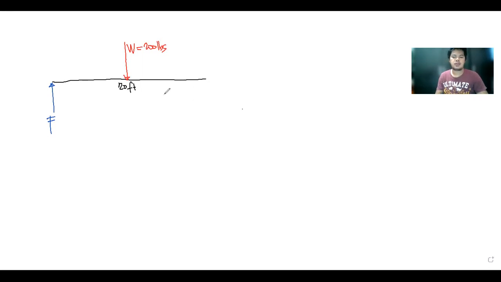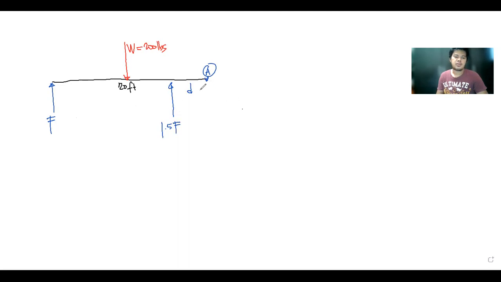The second man will have to put part of the beam a distance d away from the other end, assuming this would be point A. So let us say this would be distance d, and the force exerted by that man is 1.5 times the force exerted by the other.